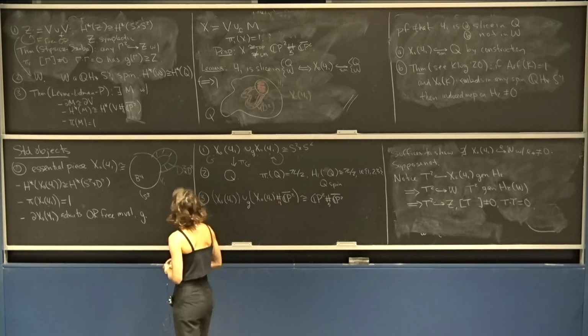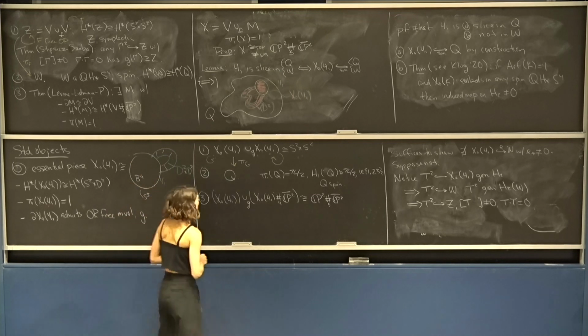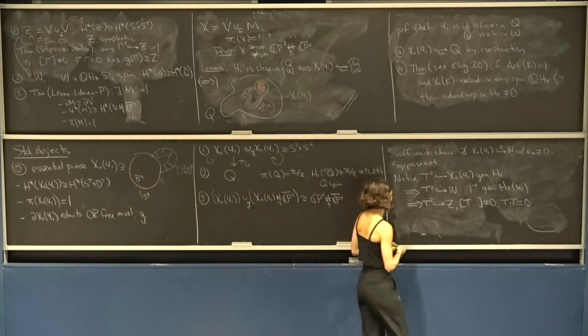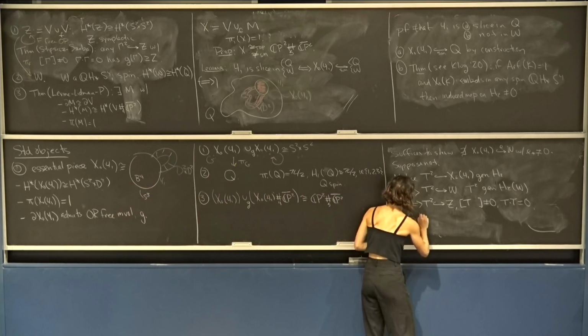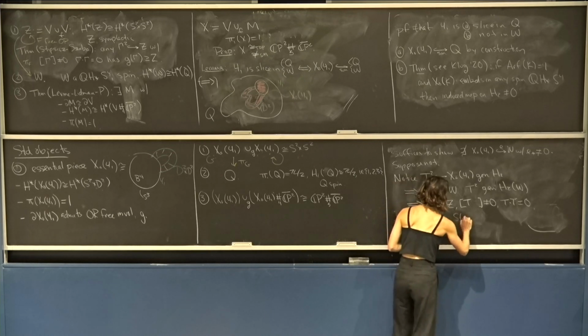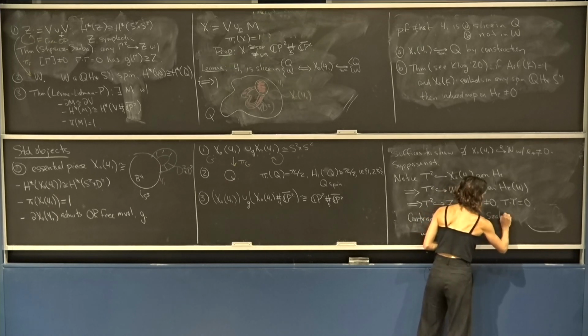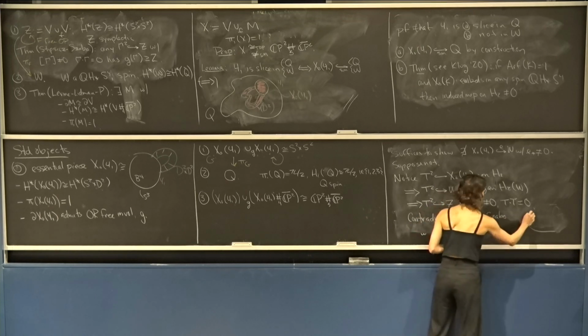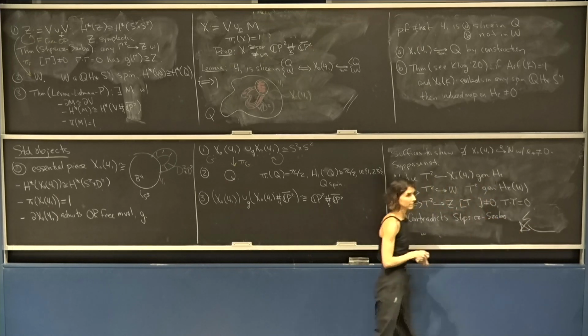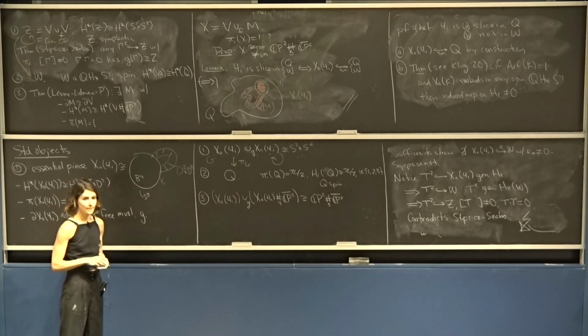But that's a contradiction, because Ozsváth and Szabó told us that there can't be low genus surfaces in Z with square 0 and in the non-trivial class. Questions here?